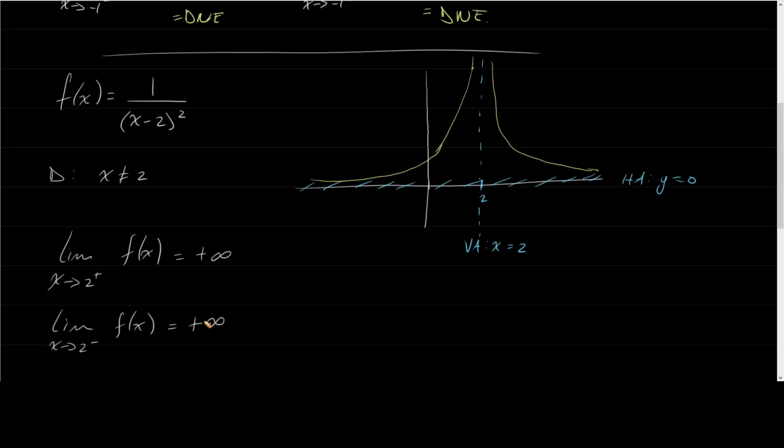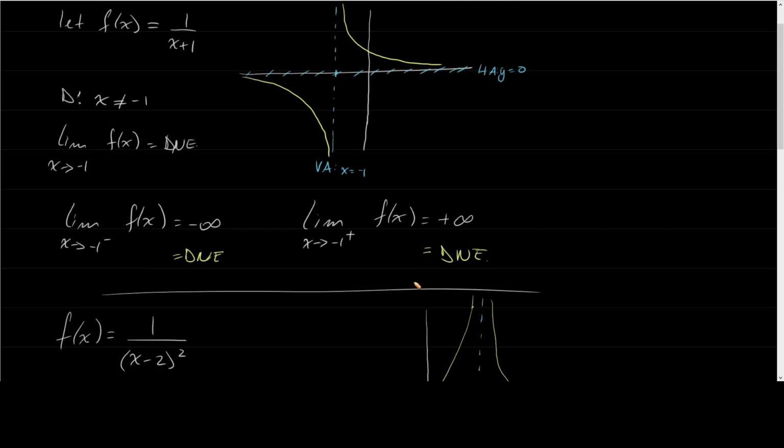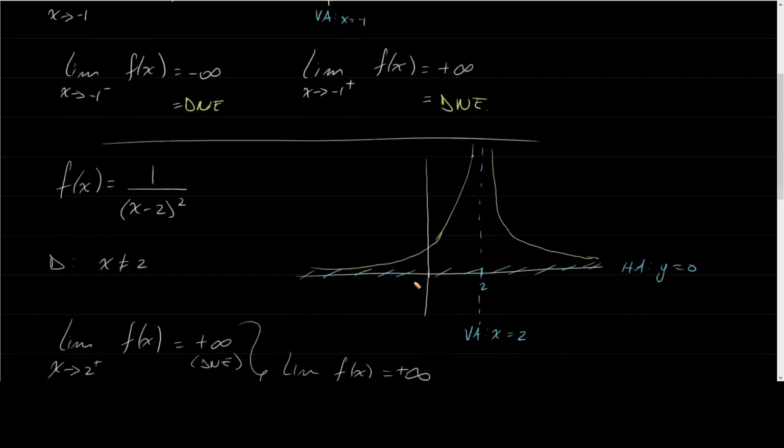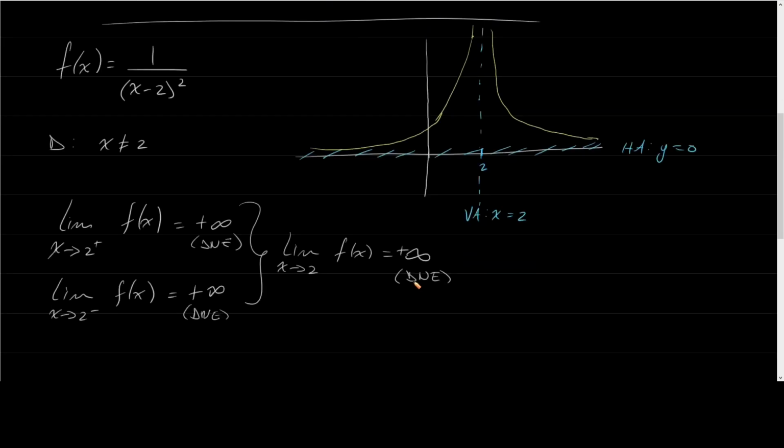So overall, we can say that the limit as x approaches 2 of our function is infinity. But again, this really means does not exist. Even though it does not exist, it's still valuable to know that it is positive infinity.